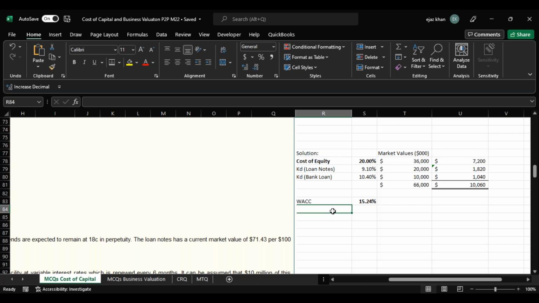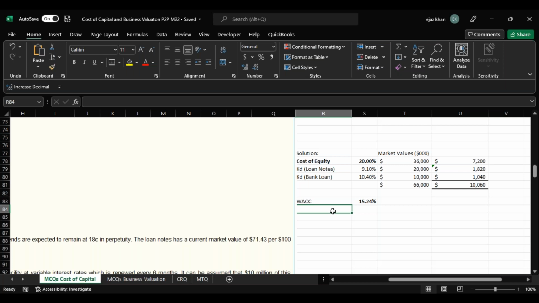These are the two conditions. Firstly, it should be a redeemable debt. Secondly, the value of redemption should be different from the market value of the debt. If the market value and the redemption value are different from each other, and the loan note is redeemable, only in that case we use that IRR method.